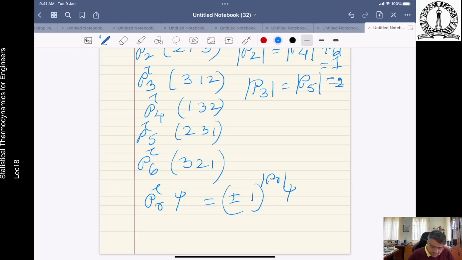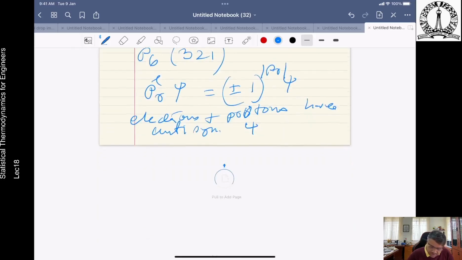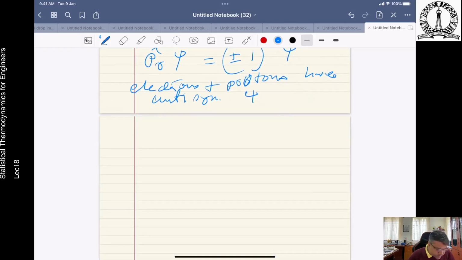The electrons and protons have an anti-symmetric wave function, whereas bosons have a symmetric wave function.